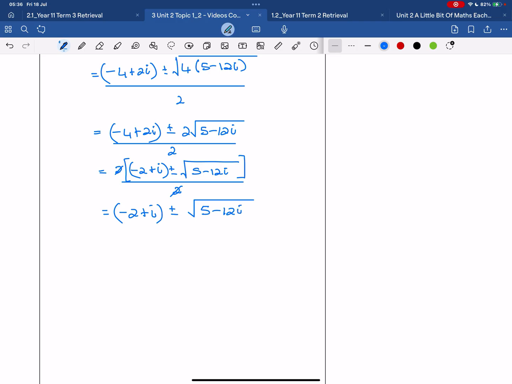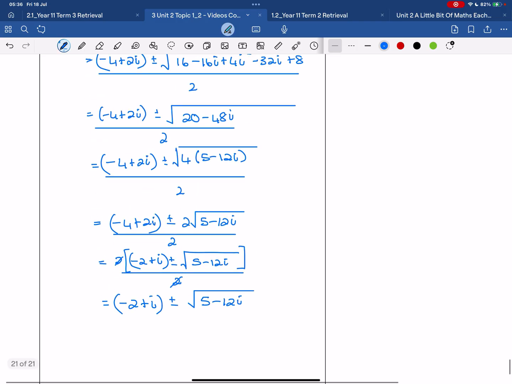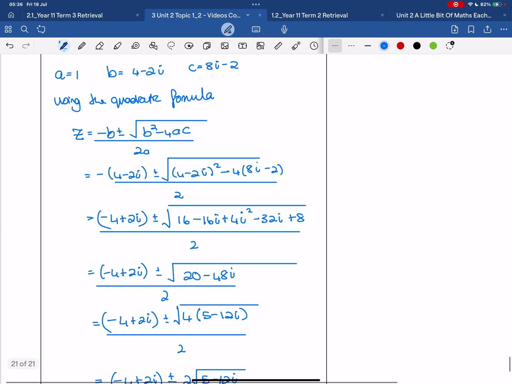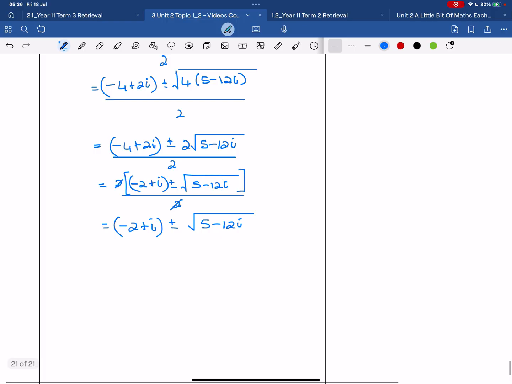Now, I was asked to solve that equation. So when I get to this point over here, I can't actually go any further because I've got a complex number inside of a surd that is not a perfect square. Even if I add my i squareds on there, as we've done in the past, it's not going to give me a perfect square that's going to allow me to take that square root.